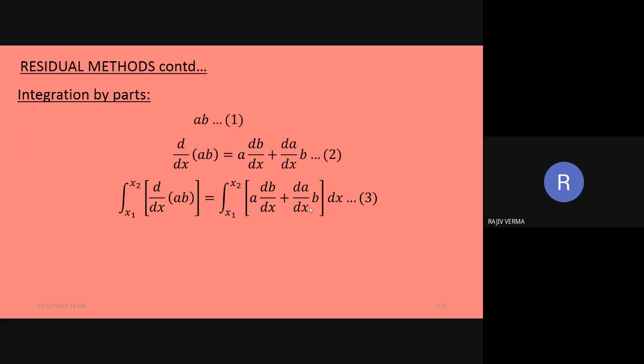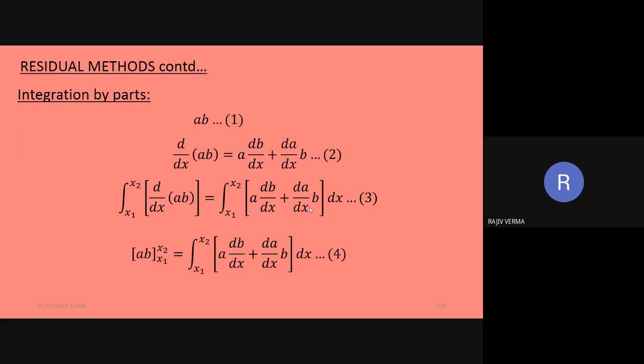Since on the left hand side we have function ab which has been differentiated and then integrated, we get the function ab itself, but now evaluated at the endpoints and subtracted. This is what is written in equation number 4.